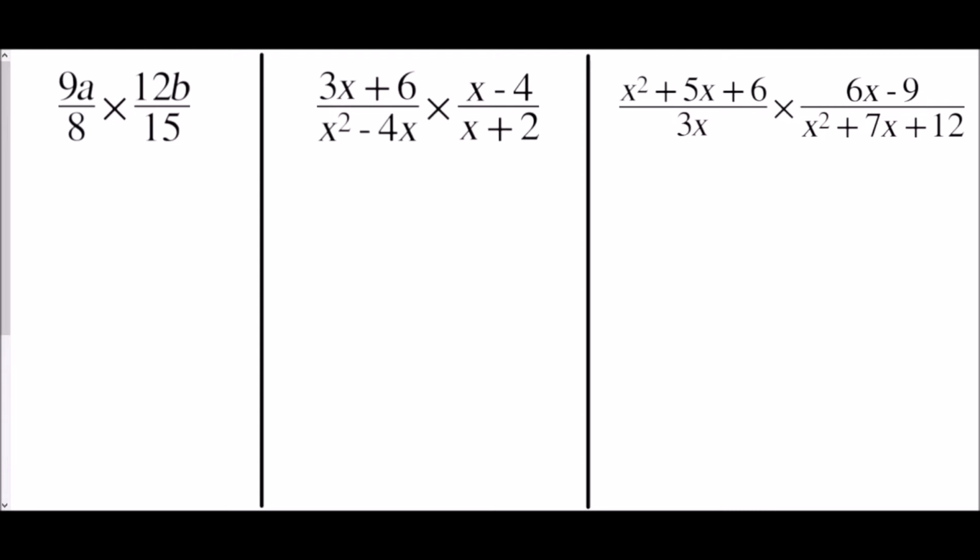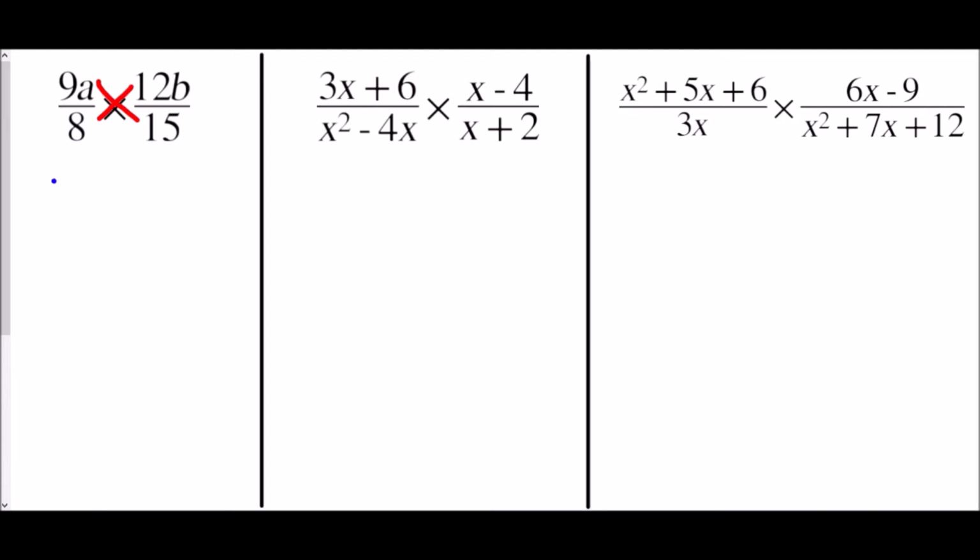Now, in terms of cancelling out the common factors, this is about looking at diagonals. We need to find the common factors between 9a and 15, and the common factors between 8 and 12b. The common factor between 9a and 15 means we would divide by 3.